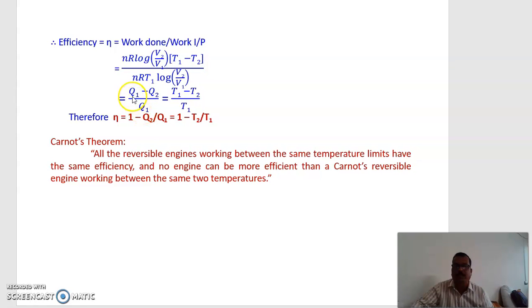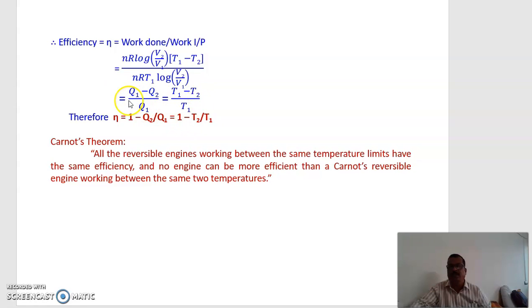Q1 minus Q2 by Q1, that is equal to या इक्वेशन वरून काय आलं, हा nR log of P2 by P1, हा nR log of P2 by P1 कॅन्सल आहे. वरती काय राहिलं, T1 minus T2 divided by T1. Okay, efficiency eta equal to Q1 minus Q2 by Q1, that is equal to T1 minus T2 by T1.